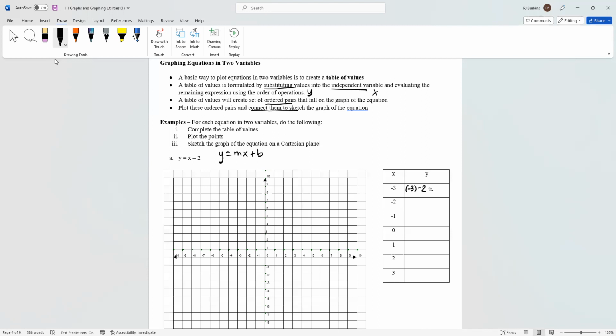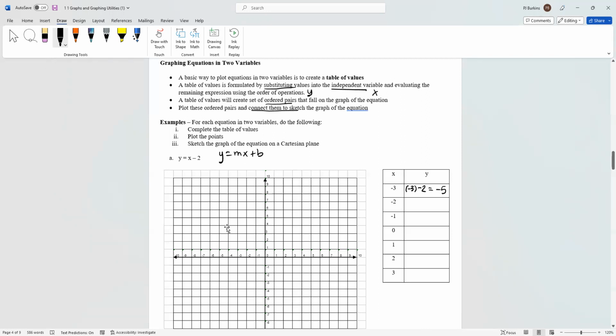Well, you really don't need the parentheses there. You could drop them. So then you have -3 minus 2, or if you'd rather, plus a -2. And so that's going to be -5. So my first ordered pair is -3, -5.